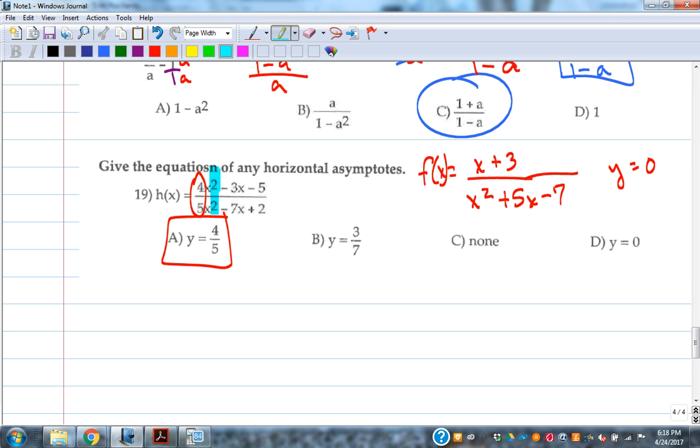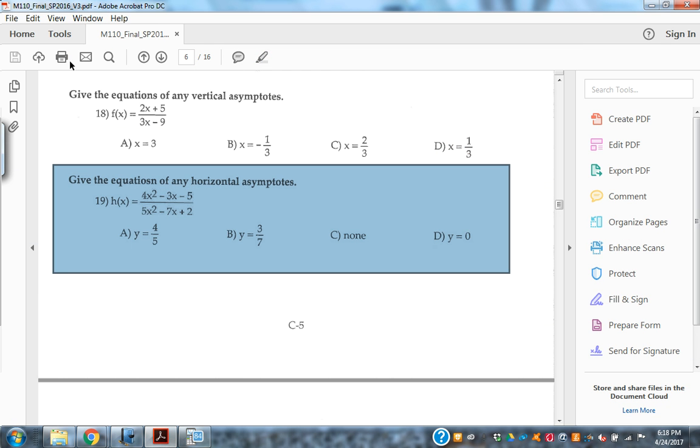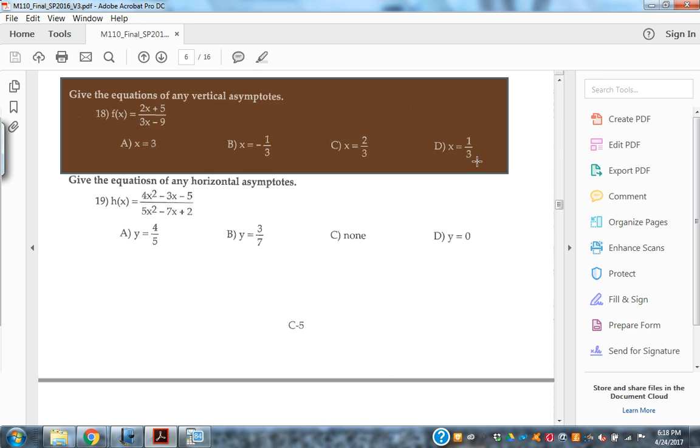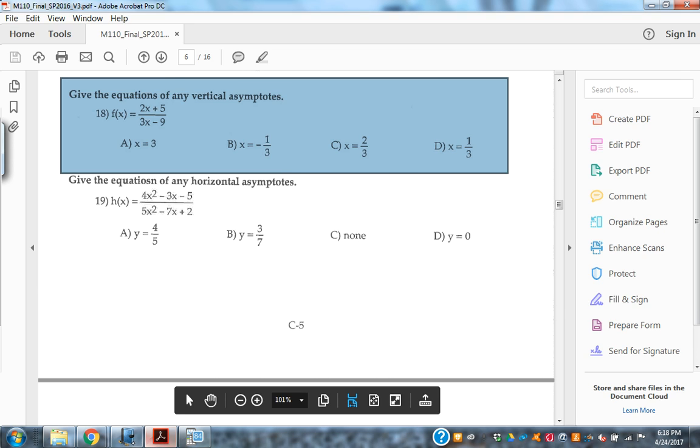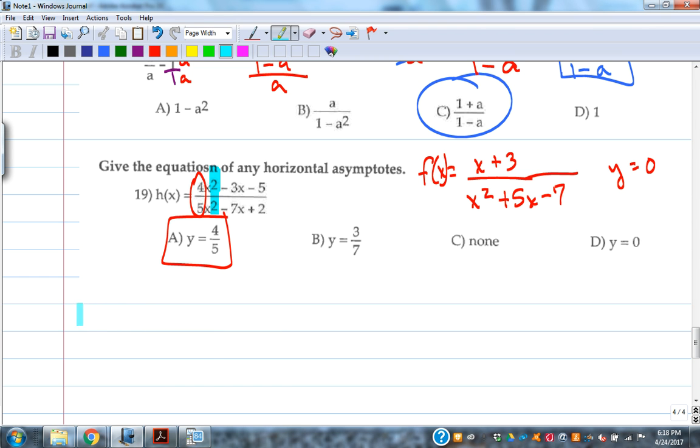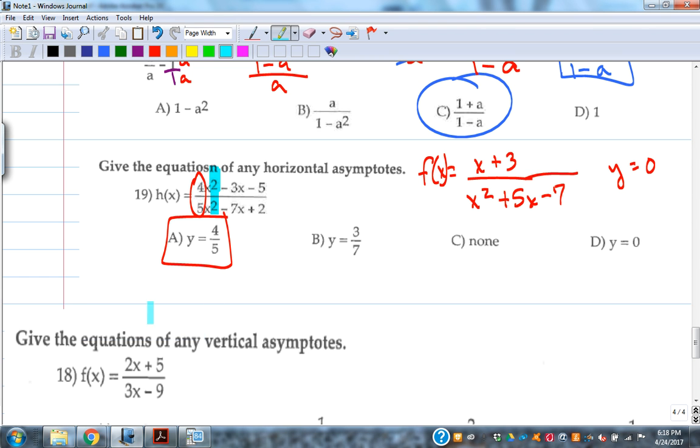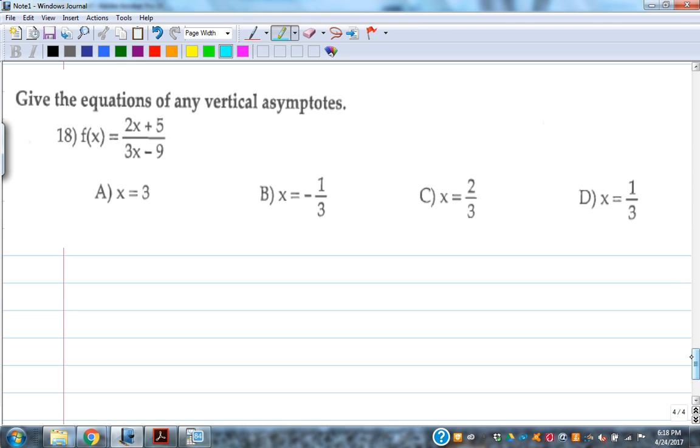So like on 18 there, the vertical asymptotes are going to come from the denominator of the simplified fraction. This one doesn't simplify any, so it comes straight from the denominator. But so like this one, you would want to factor that if at all possible. If I factor the denominator, I get 3 and x minus 3.